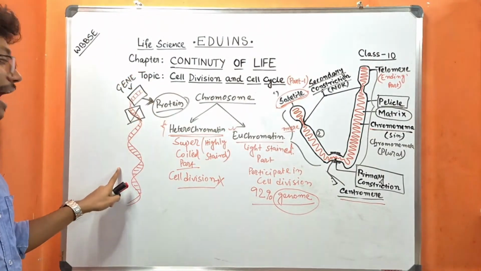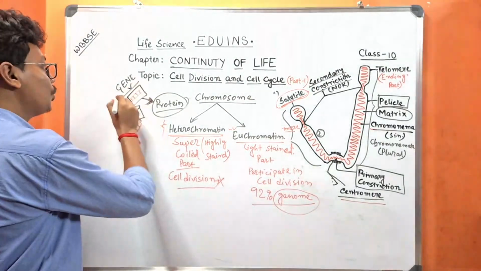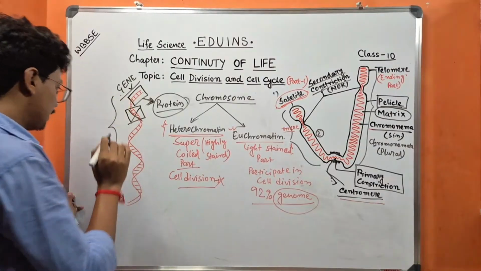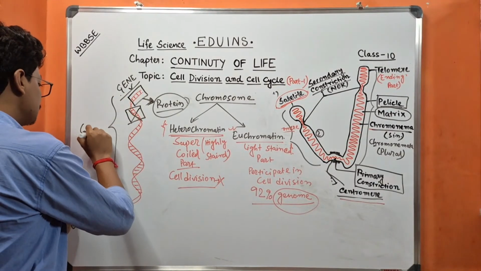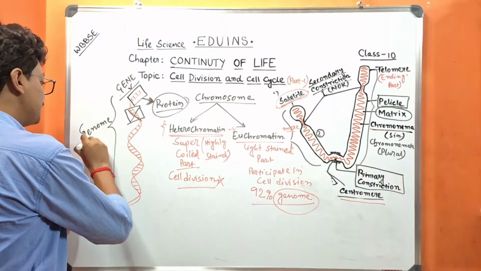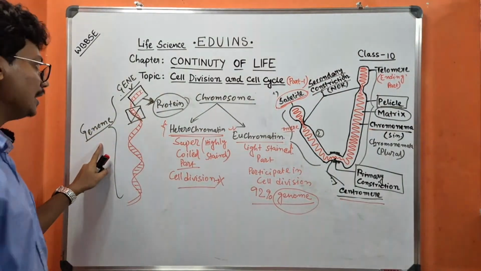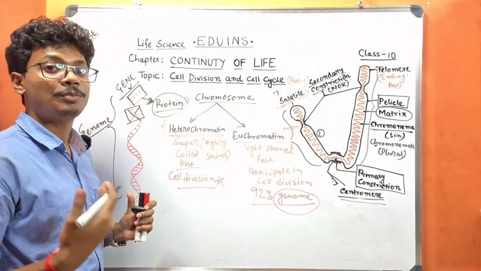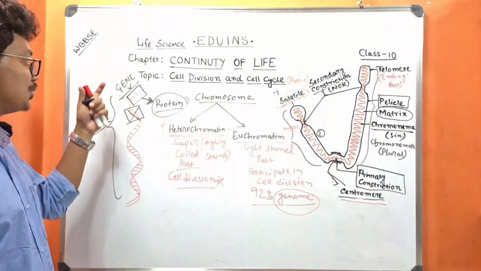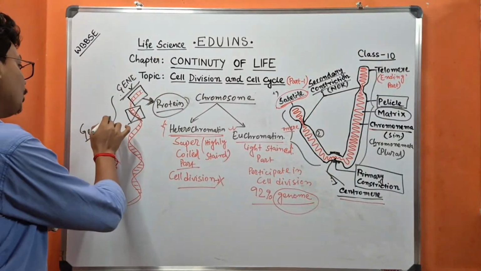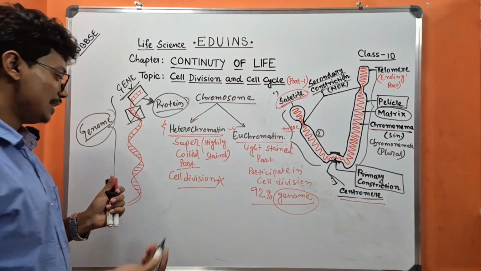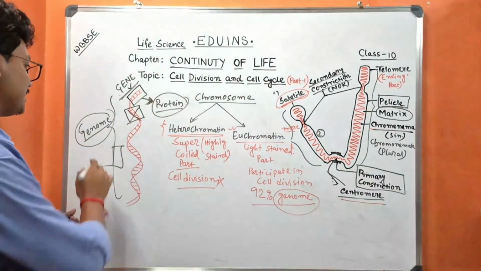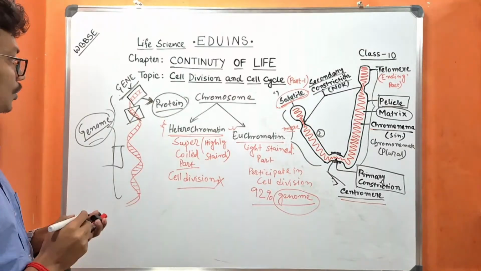Our DNA has several parts that encode different kinds of protein, which are entirely called the genome. So genome is the plural, gene is the singular. When we talk about the Human Genome Project, all the genes present in humans are categorized and listed in it.